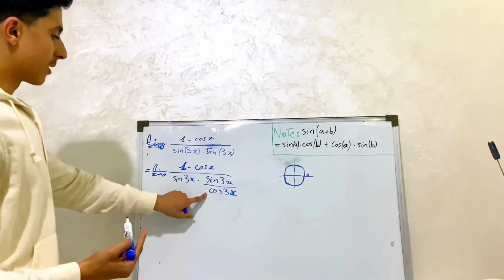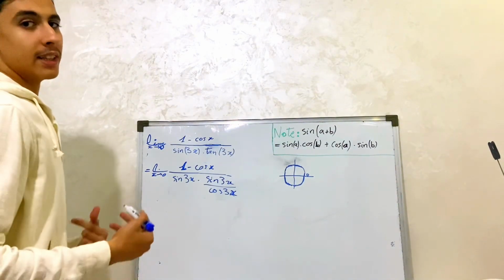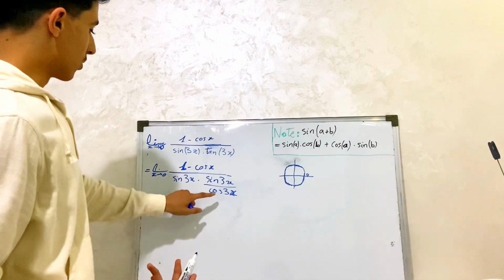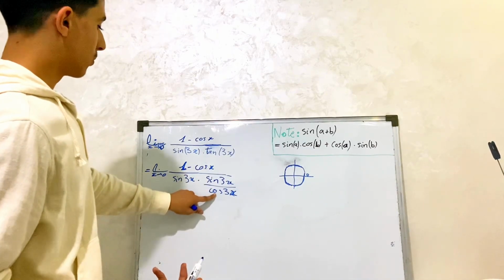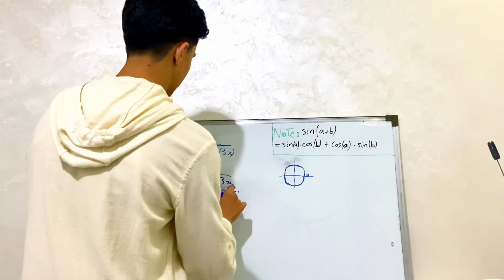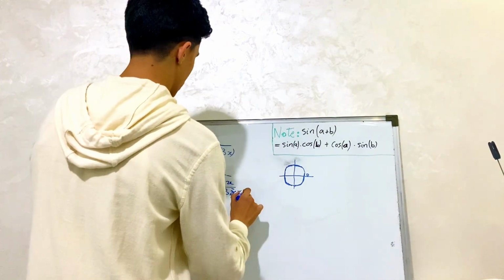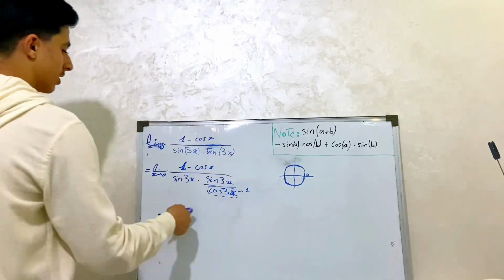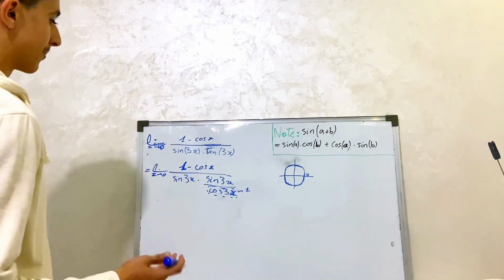So dividing by 1 or multiplying by 1 doesn't really make any change. So this part, we can box out like this and say that it goes to 1. And we are going to neglect it in the next step.